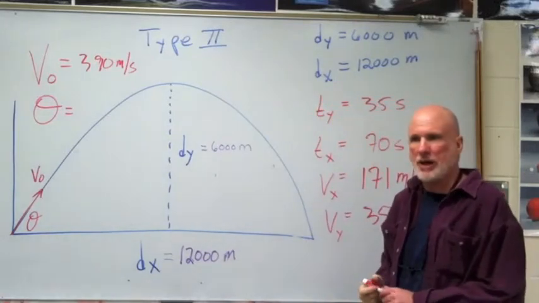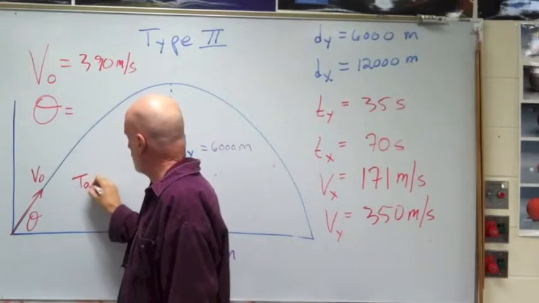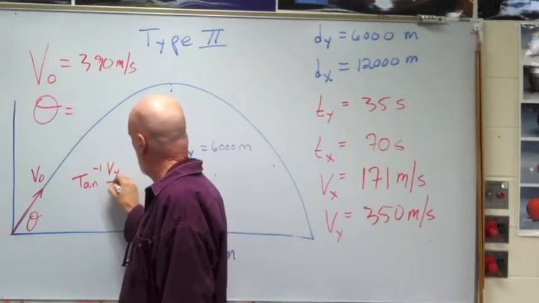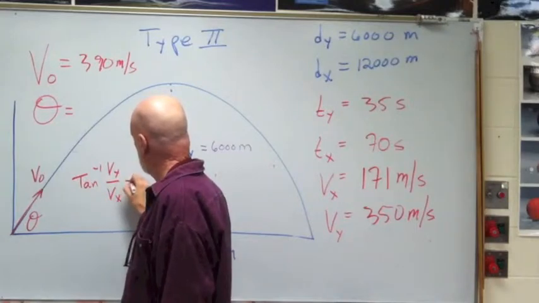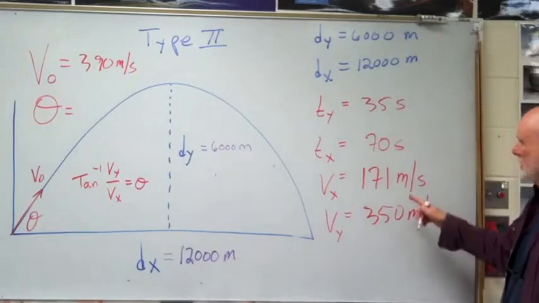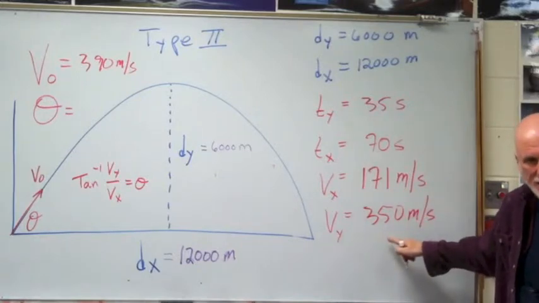And we'll put the equation for theta. I know that tangent -1 of Vy over Vx equals theta. 350 divided by 171. So the y is going to be greater than the x.